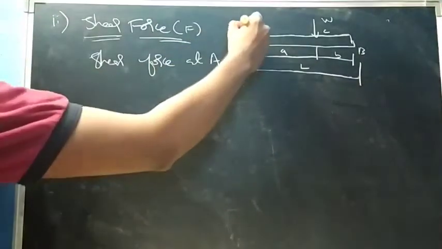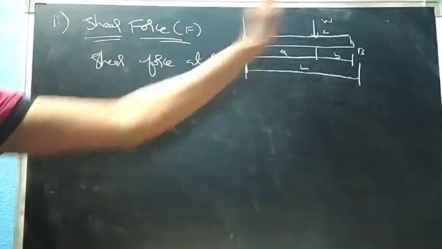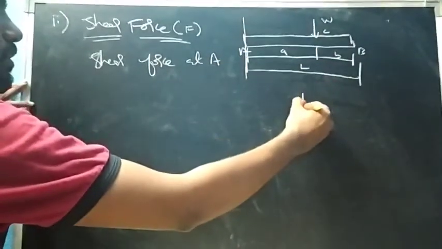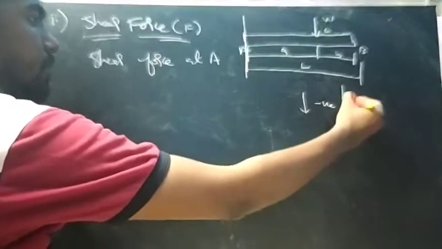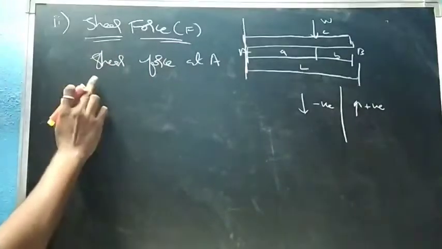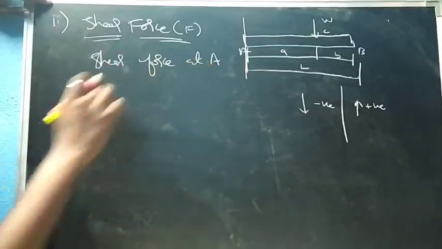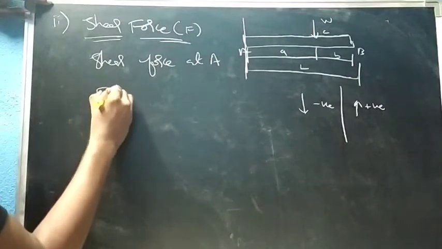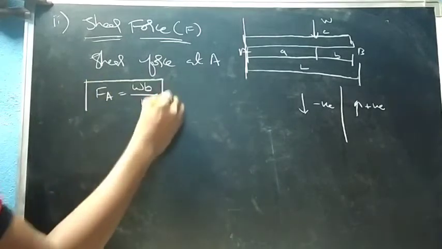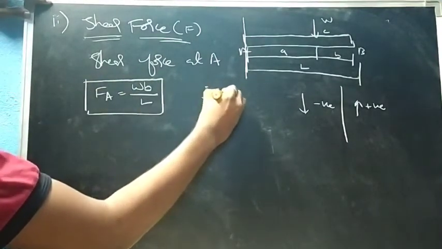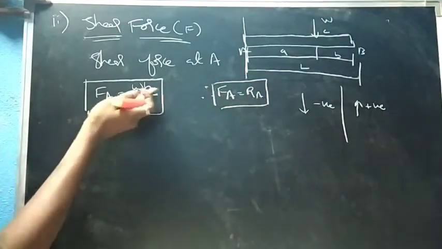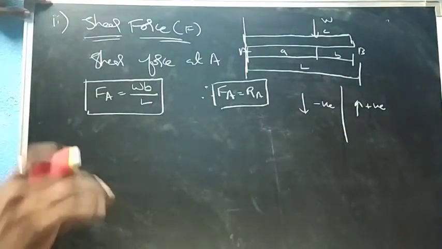So the shear force at A: we calculate from left to right. Downward direction we take negative and upward direction we take positive in the case of shear force. So FA equals RA, which is Wb by L.